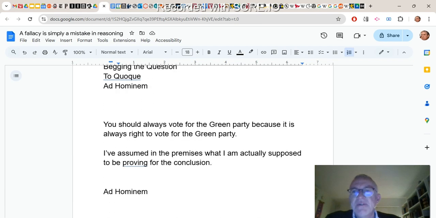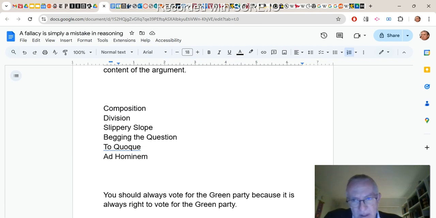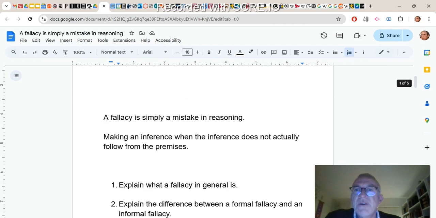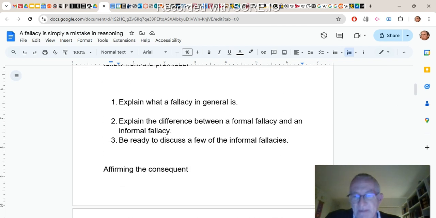Take a look at just a few of them, and I'm sure there are more, and be able to explain what's the typical thing that goes wrong in a fallacy of this sort. A fallacy of division or composition, begging the question, ad hominem, things like that. So, again, you'll be prepared for the exam if you can explain what a fallacy in general is, roughly explain the difference between a formal fallacy and an informal fallacy, and be ready to discuss a few of the individual types of informal fallacies.